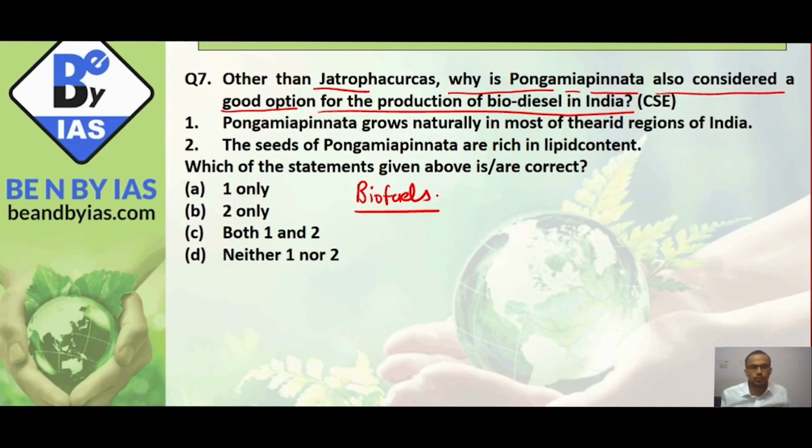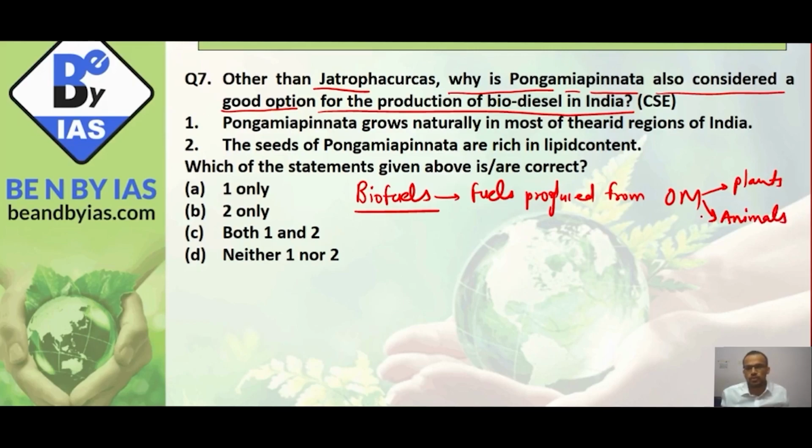Biofuels are the fuels which are produced from organic matter, which may come from plants or from animals.